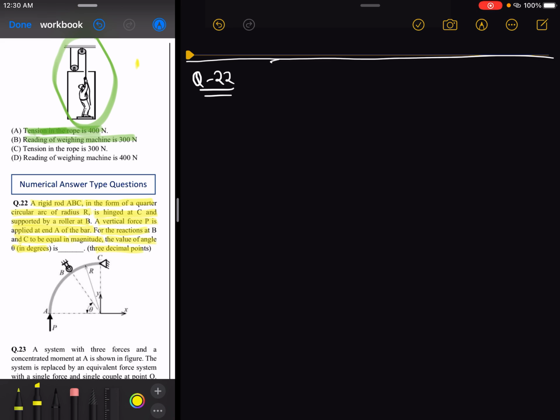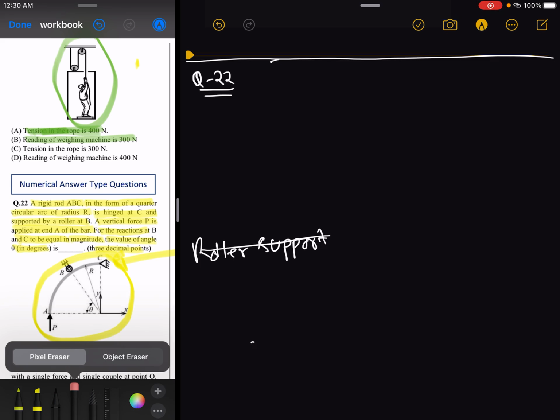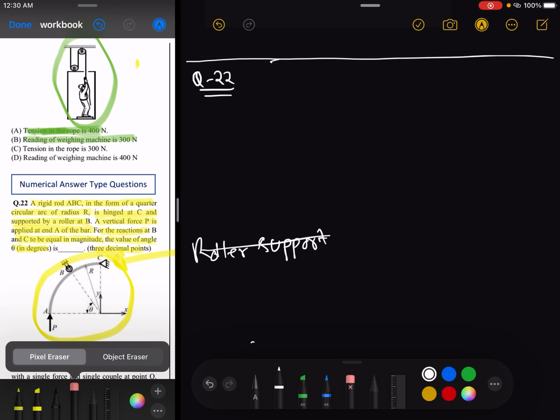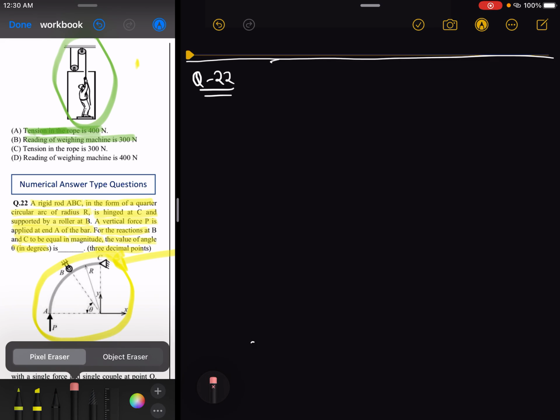In the question, this is the figure in which C is the roller support. Sorry, C is the hinged support. This is not the roller support, this is the hinged support.